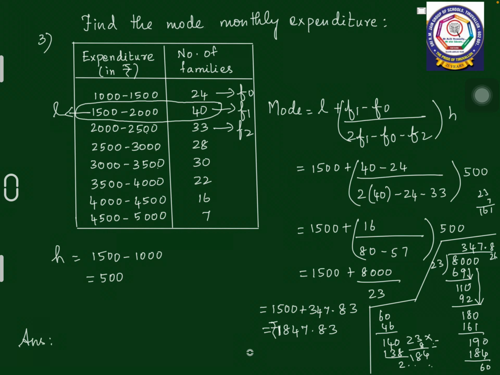The mode monthly expenditure is equal to rupees 1847.83. Is it clear, children?